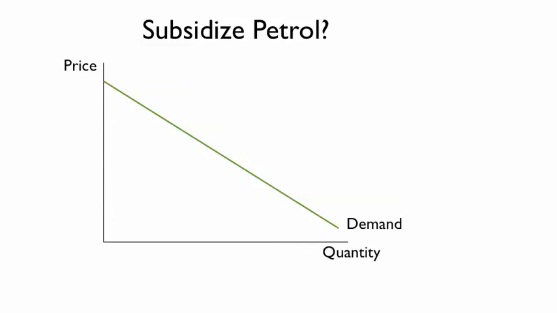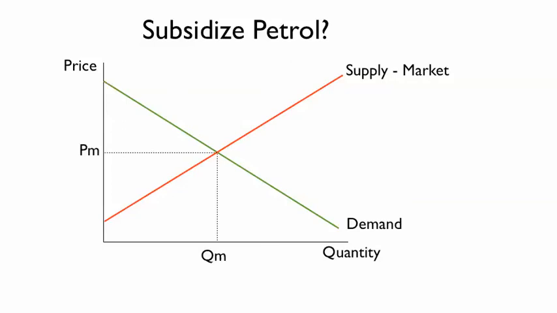We know that petroleum has a demand and a supply curve, and let's just plot that as if this was the market rate. At the market rate, that would be the price, and that would be the quantity sold at that price. Now with a subsidy, where the government is actually subsidizing the producers or the sellers, that would push the supply curve to the right, or out.